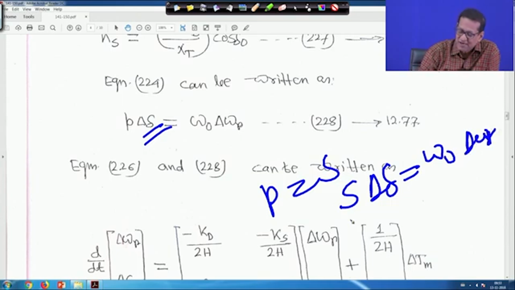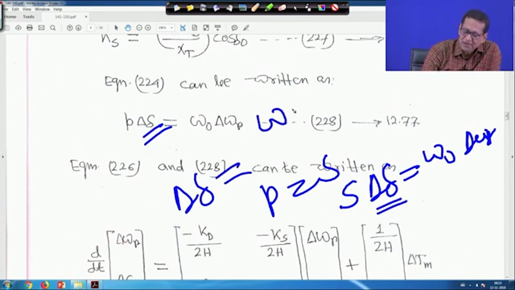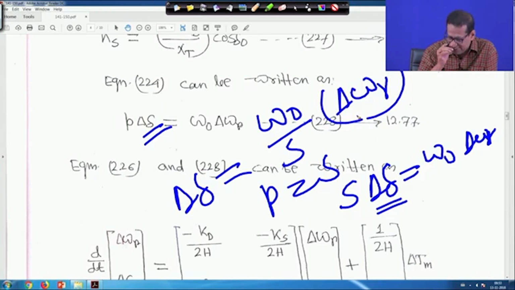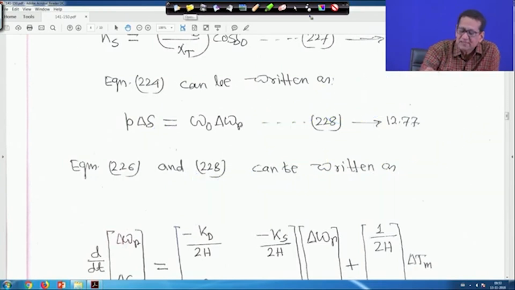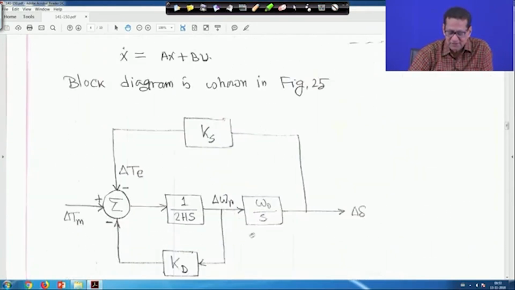That means delta is equal to omega 0 by S into delta omega r.